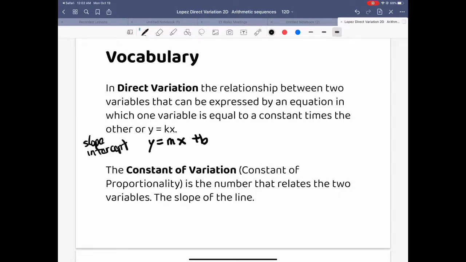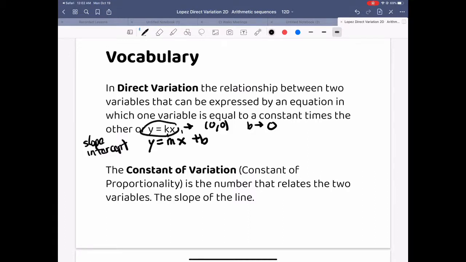Now, the only difference is that with k and m, they are both the slope of the line, but with k in specific, when you look at the direct variation equation, the b, or the y-intercept, is going to be 0, meaning that b is 0. So that's why you don't see it there.